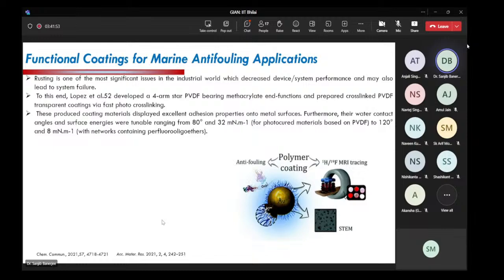Let's consider you have a molecule containing an olefin at the end, multiple such molecules, and you shine UV light into it. There can be a UV-induced cycloaddition reaction leading to cross-linking. That's when this material is called photocured.